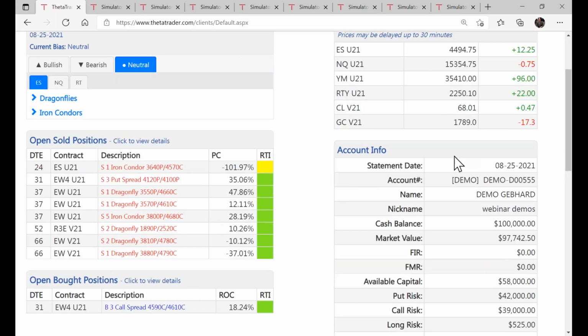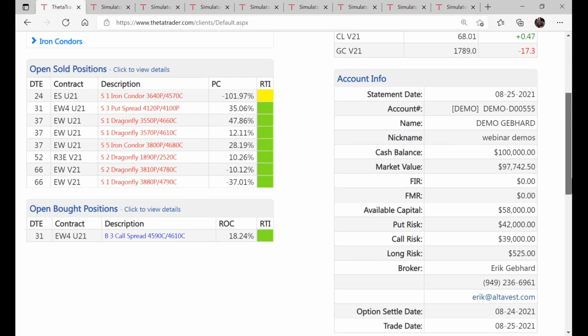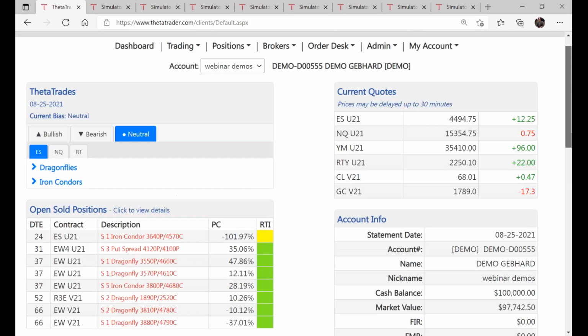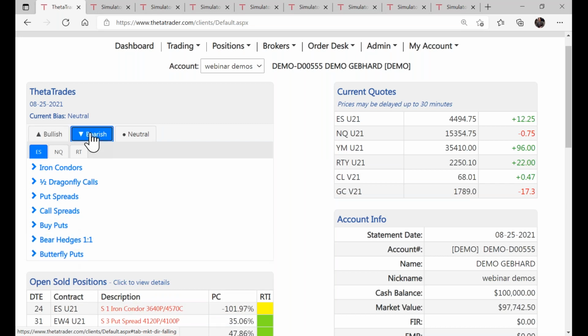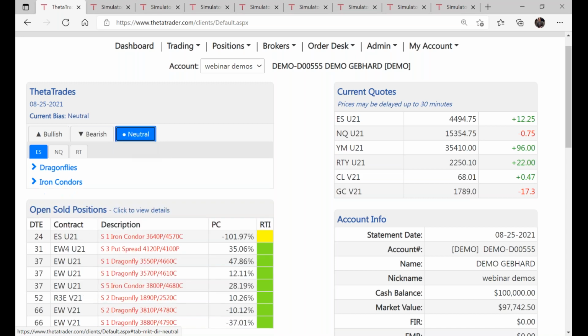You'll notice here your account info. This is all pulled directly from your AltaVest trading account. So all this is integrated with your AltaVest brokerage account, and then any current quotes right here. You'll notice there are bullish strategies that are pre-populated, bearish, and neutral or non-directional.